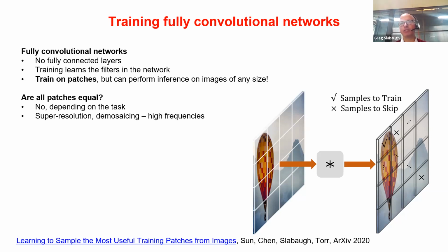This is a pretty handy trick. So you can train on smaller patches like 256 by 256, but then do inference on full size, 12 megapixel images. That's great, but it turns out that not all patches are considered equal, in the sense that some patches are more useful for training your network than other patches.